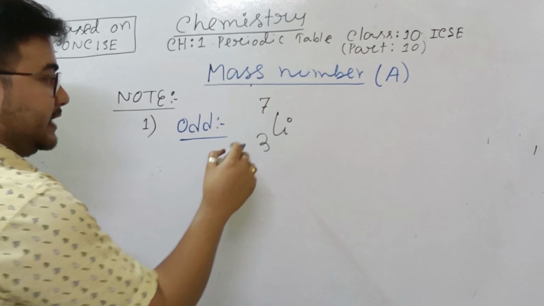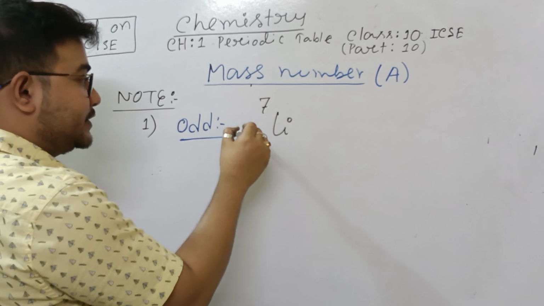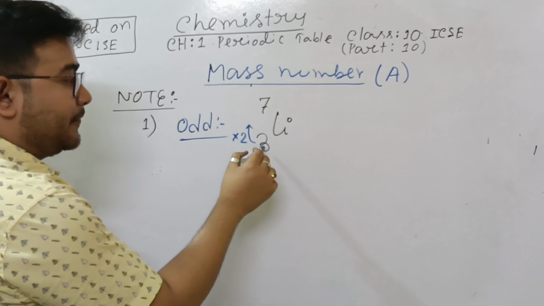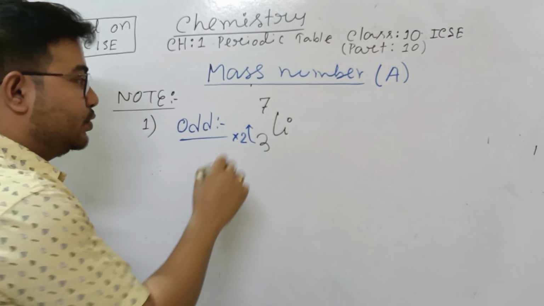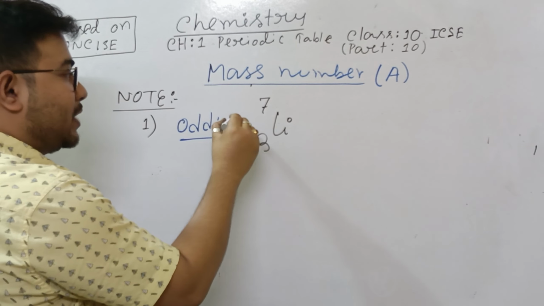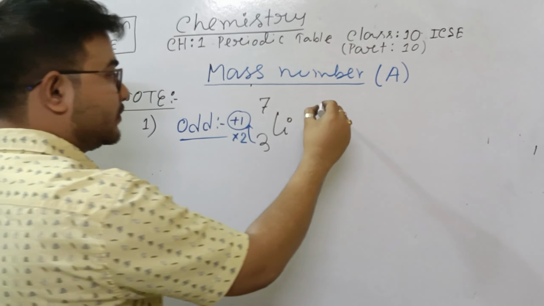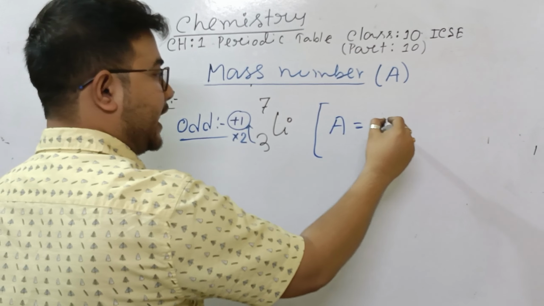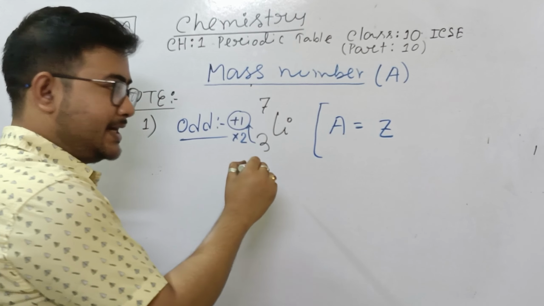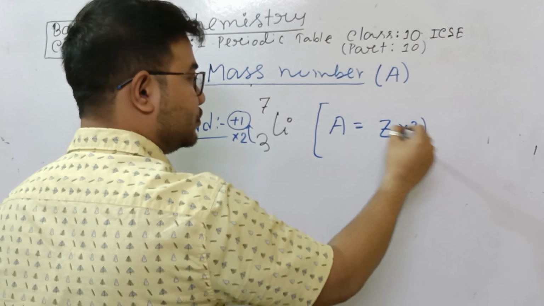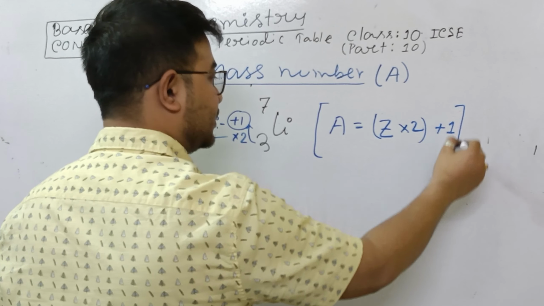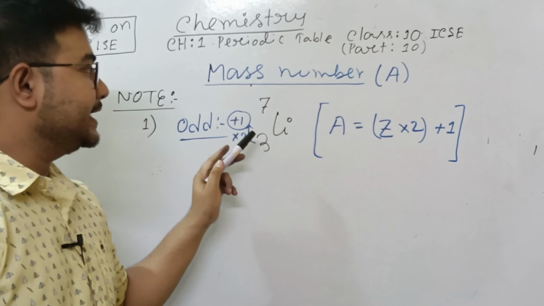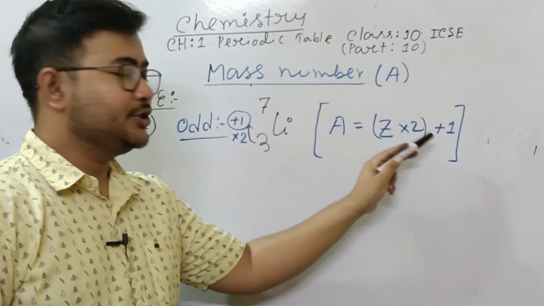In the previous case, multiplying by 2 gave the mass number, but here after multiplication by 2 it becomes 6, then 6 plus 1. So what is the formula? Mass number A equals Z into 2 plus 1.